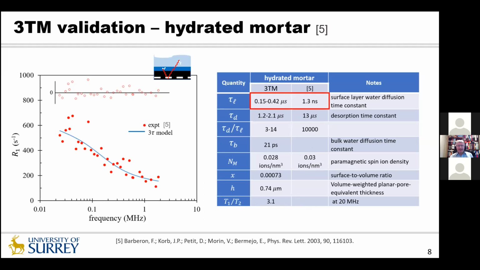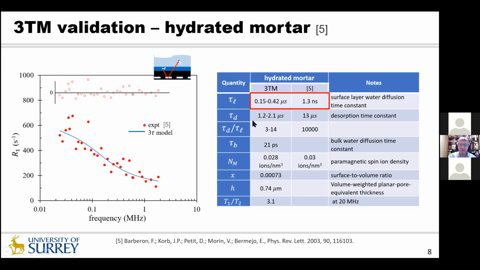Okay, so we can now look at this data in more detail, and we're in trouble straight away. If we look at the value of tau L that comes from the 3 tau model, it's sub-microsecond, but this compares poorly with the Korb model's 1.3 nanoseconds. Now, we were confident that we had good numbers here for tau L and tau D because we had undertaken a whole series of molecular dynamic simulations of different surfaces, and we always found that these two physical quantities were broadly similar.